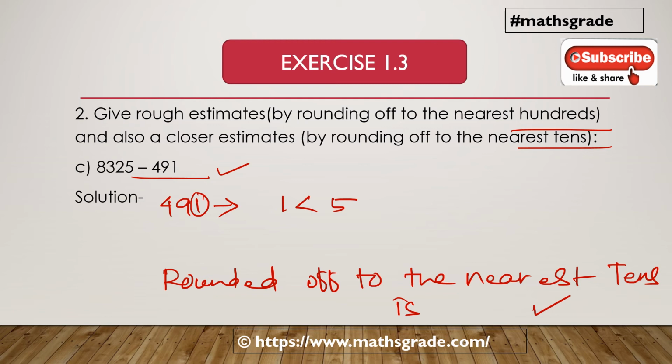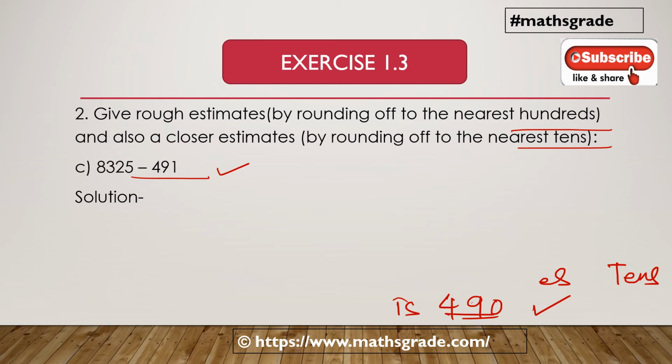That is, 1 changes to 0. So 491 rounded off to the nearest 10 will be 490.